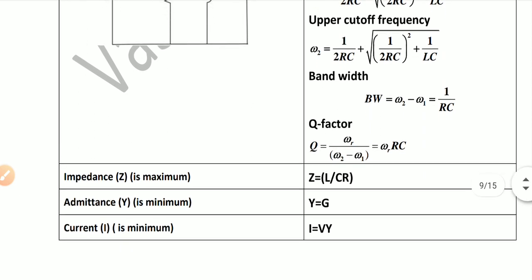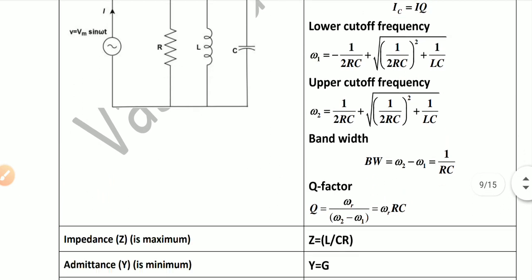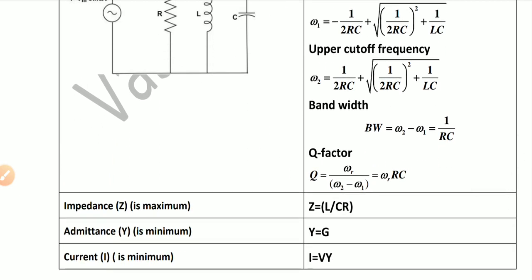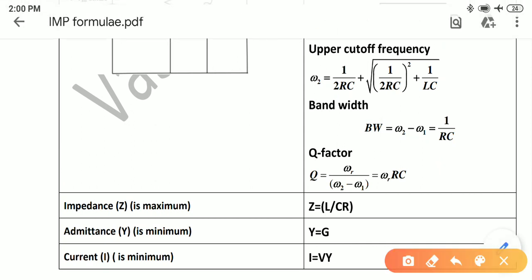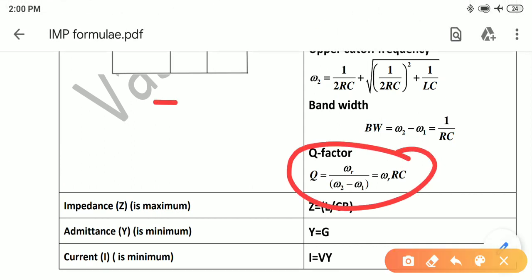In terms of normal frequencies, F2 minus F1 is 1 by 2 pi RC. Next, the Q factor, as said previously, is the resonant frequency by bandwidth, that is omega R into RC. This is a very important relation for this type of circuit. If all the elements are in parallel, this formula is applicable.